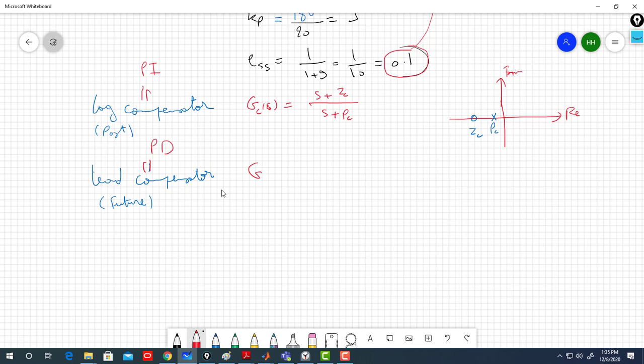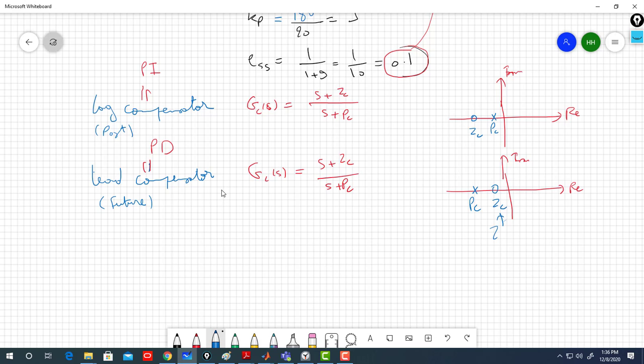And in this case, GC of S is S plus ZC over S plus PC. So it's the same form then. So how do we distinguish them? We'll see now. Real, imaginary, and the zero is smaller than the pole. PC, ZC. So what's dominant is the zero.